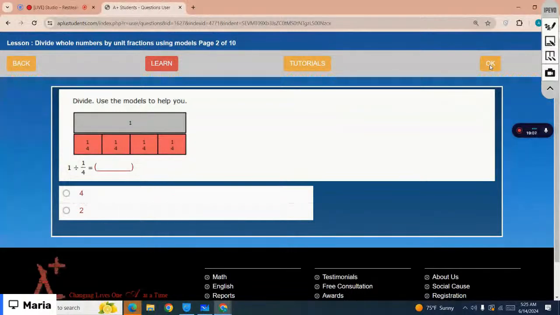How many 1 by 4 pieces together make 1? Which is the correct option? The correct option is 4. 1, 2, 3, 4. So 4 together make 1.